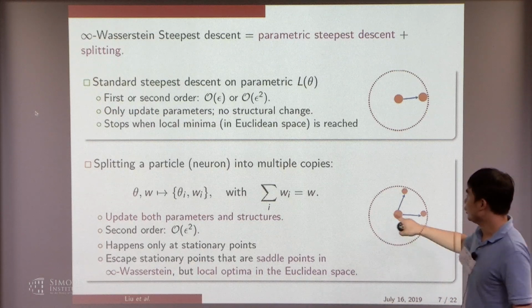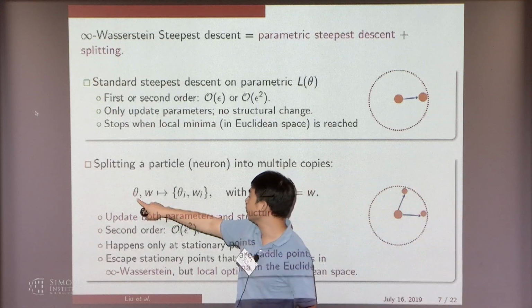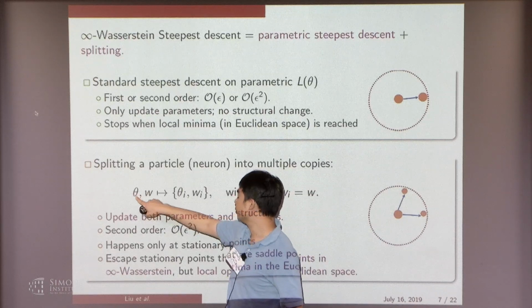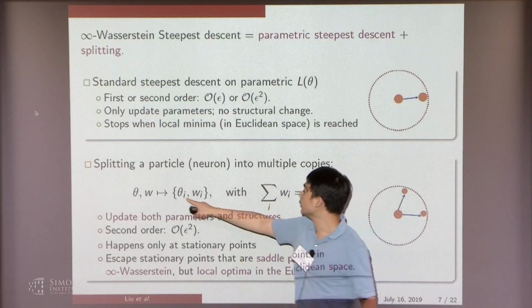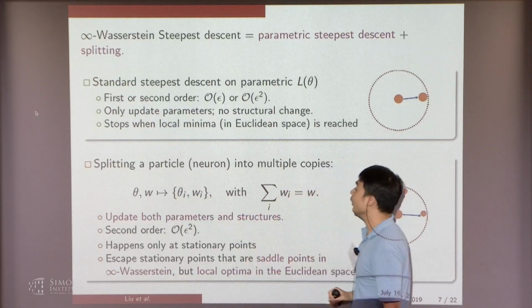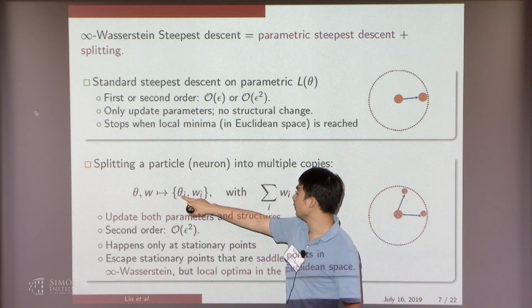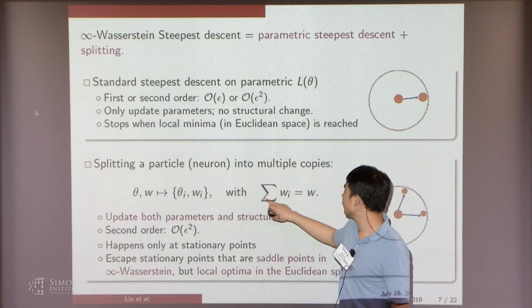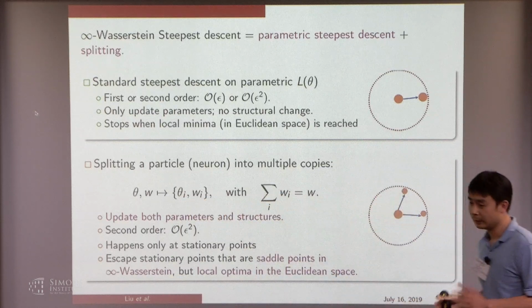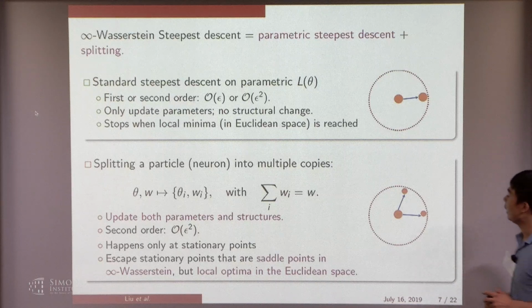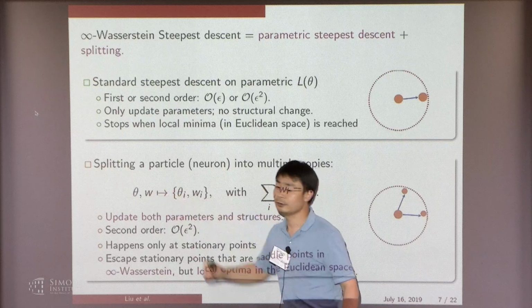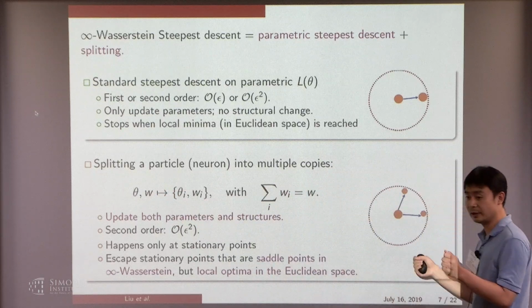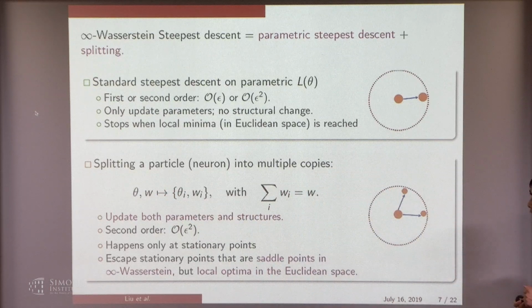So more specifically, let's say we have a theta, which is the neuron, and a weight magnitude W. We can split the neuron into a combination, a bunch of theta_i and w_i, such that the sum of the weights equals W, right? And then the theta_i would be different from theta. So in this case, we are augmenting the structure of the neural network.